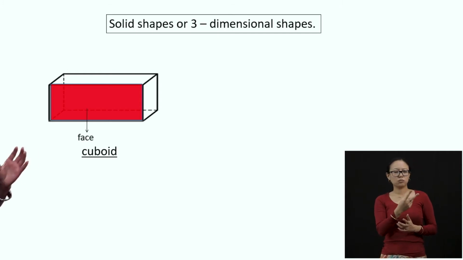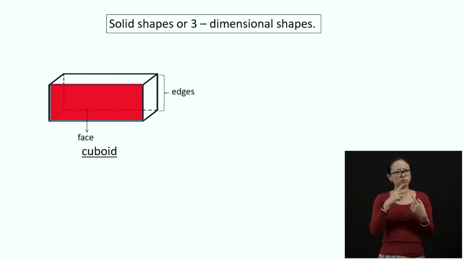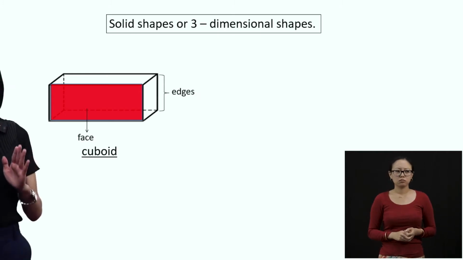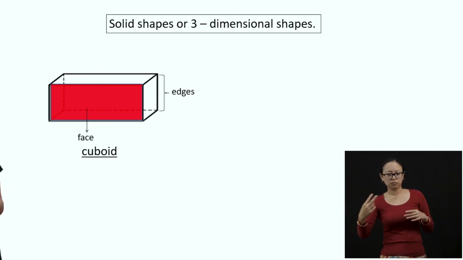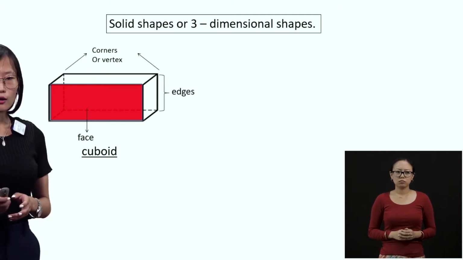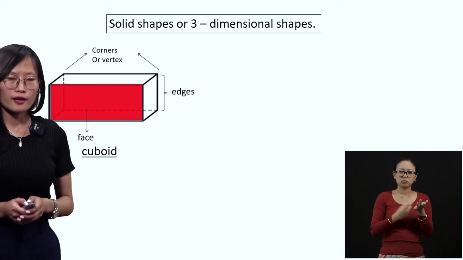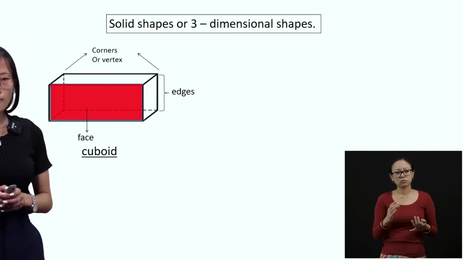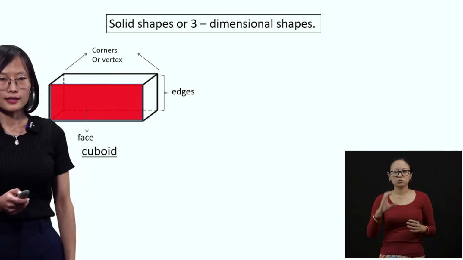The surface of the solid is called the face. When two faces meet, it is called an edge. I will show you an example later. The corners are called the vertices. So in a cuboid we have 6 faces, 12 edges, and 8 vertices.